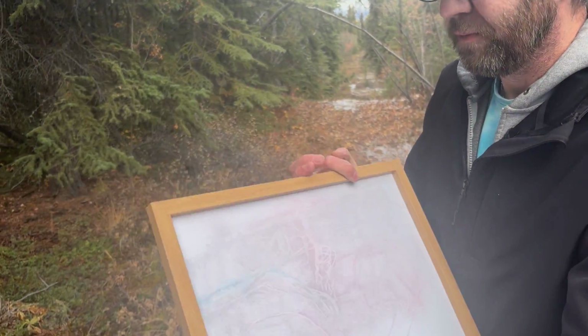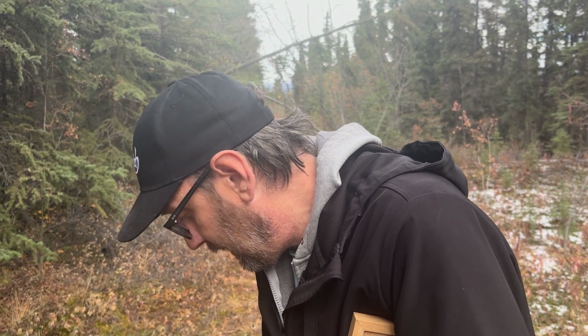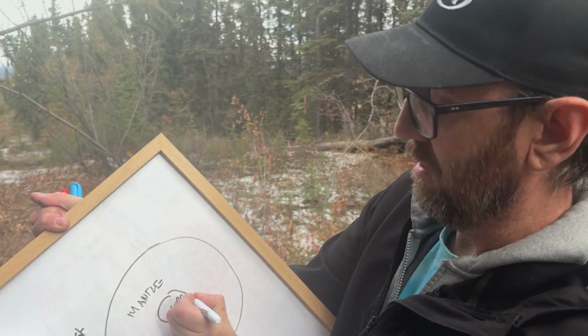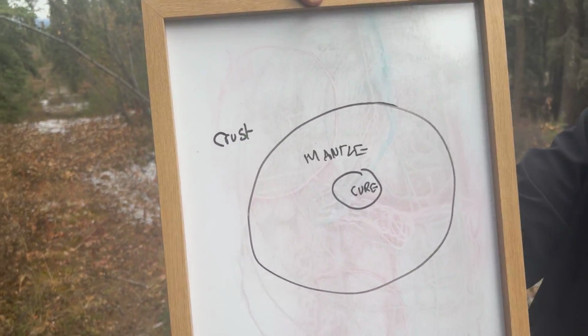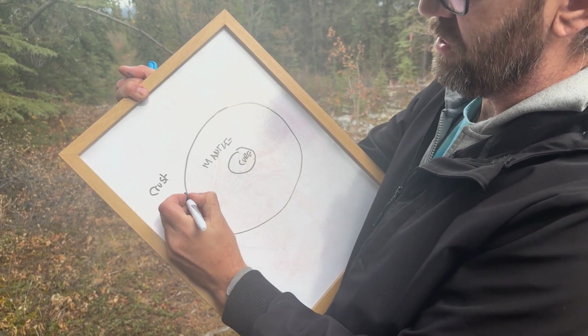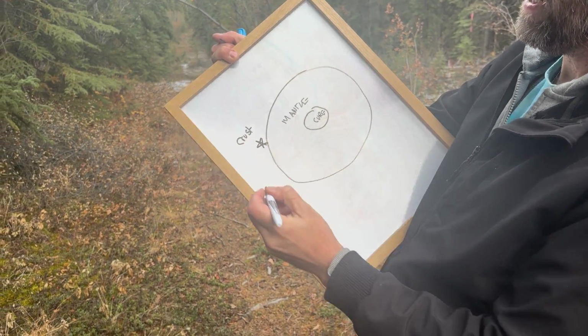Another thing that's kind of neat is, I'm just going to draw the Earth. I don't know if you can read that. Anyway, let's just say there's an earthquake that happens right there.